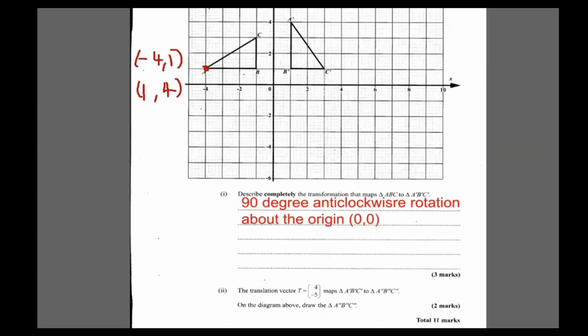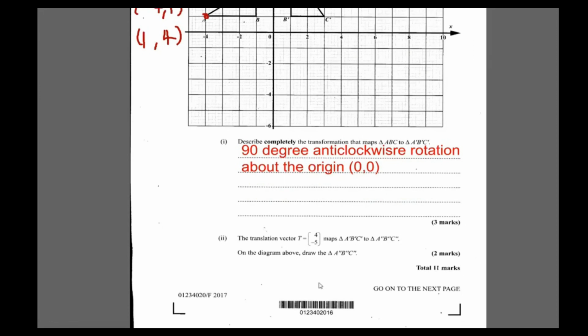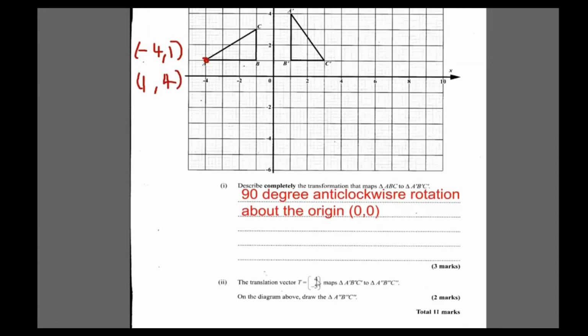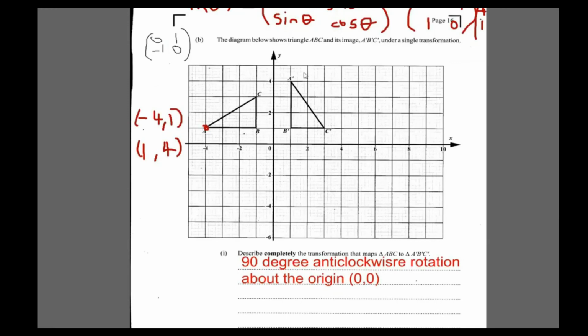So the image is then translated by 4, -5. 4, -5 means it's going 4 units across to the right and 5 units down. So it goes 4 units to the right, 1, 2, 3, 4. Then 5 units down. 1, 2, 3, 4, 5. And so this will be A double prime.